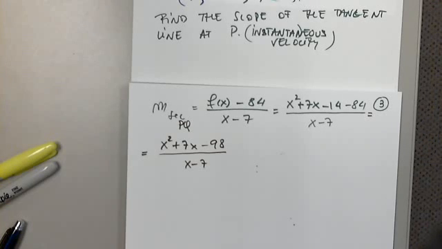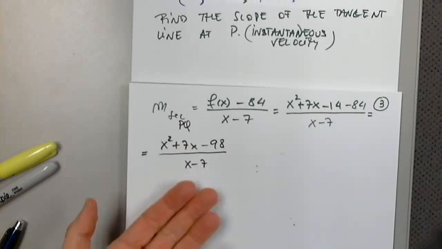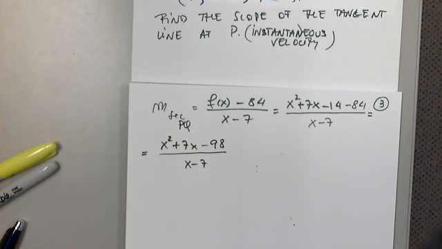And I want to determine the slope. Right now it's the slope of the secant line, but if I bring x closer and closer to x of P, which is 7, then I will determine pretty accurately the slope of the tangent line.